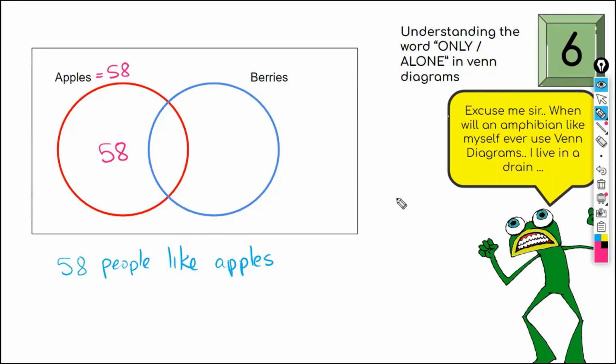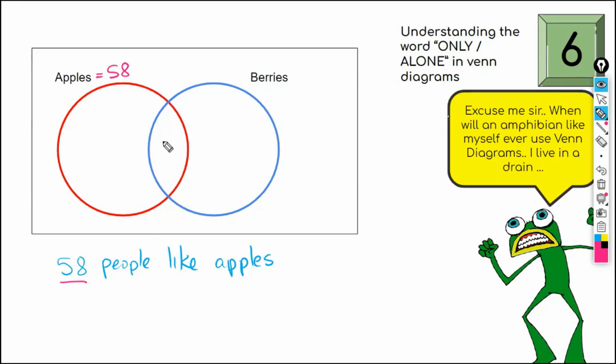The answer is outside. You see, when they make a statement like this, 58 people like apples, they mean everybody who likes apples, the entire circle, right? So that 58 represents the entire circle.